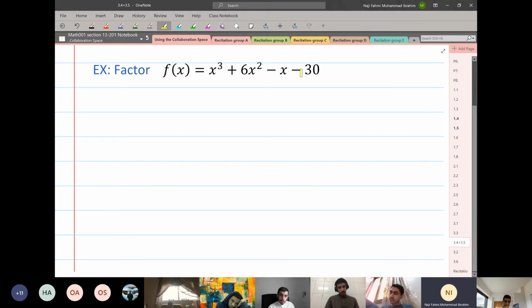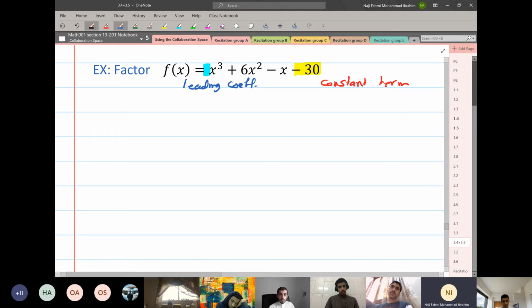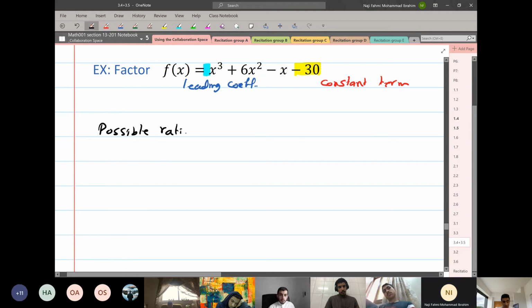How to factor? Let's first of all give some names. This -30, do you remember the name? We used to say this is the constant term. And the number 1 here, we used to call this the leading coefficient. Now we will find first of all the possible rational zeros.